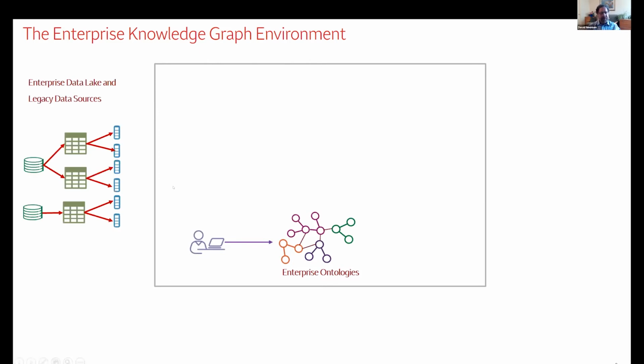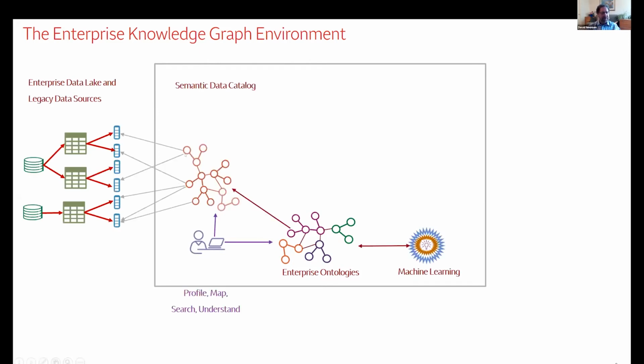The major use case that we'll talk about first is the data catalog capability, where we can use the layer of knowledge from the knowledge graph to facilitate insights into our legacy data sources, our data lakes, by creating linkages or mappings between the concepts and the physical data elements, the columns and tables and databases. This leverages the ontologies as well as machine learning in order to scale these mappings.